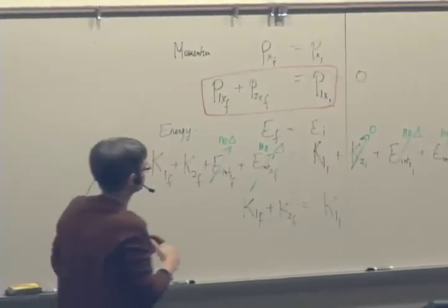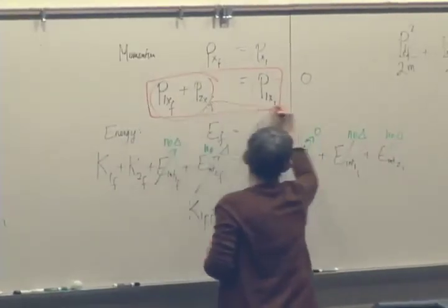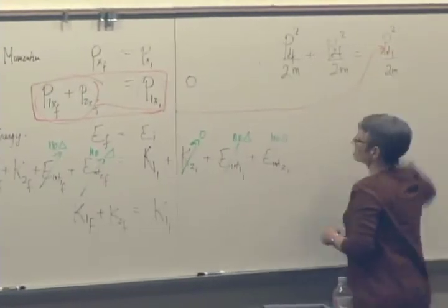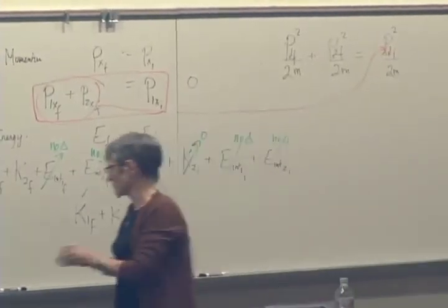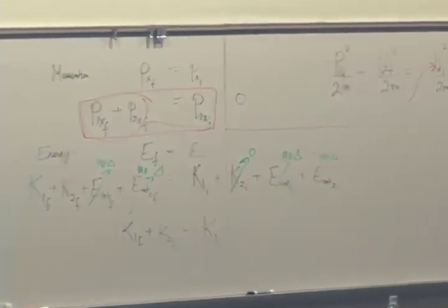So we can use that substitution. We can take this expression and plug it in there, which is one of the standard ways to solve 2 equations and 2 unknowns, right?